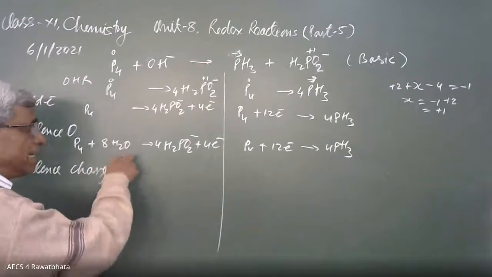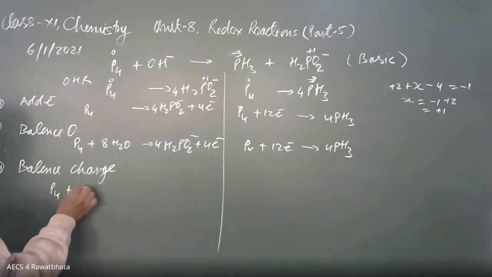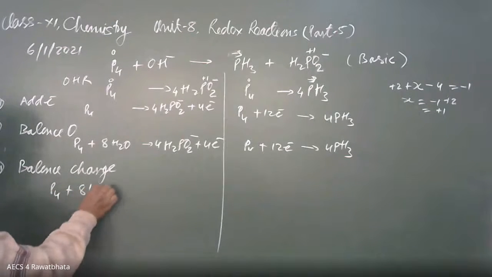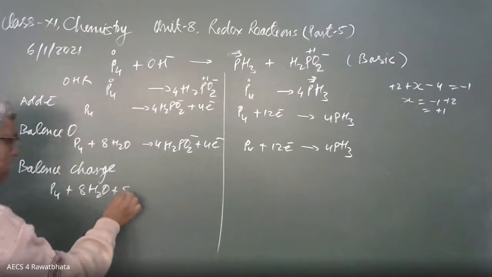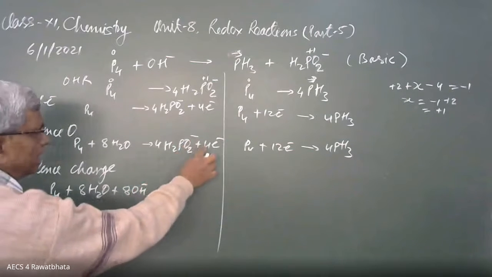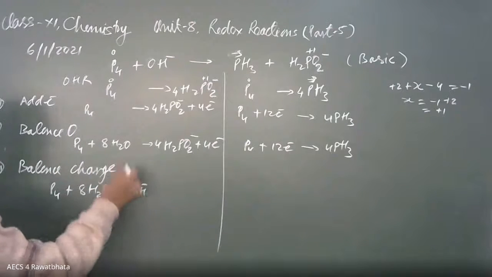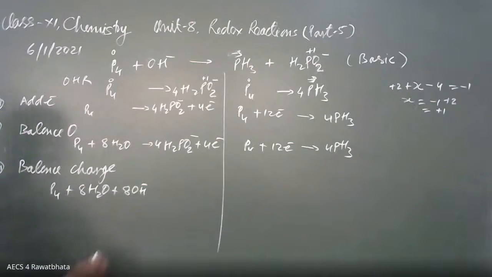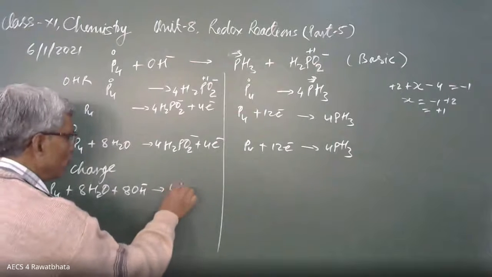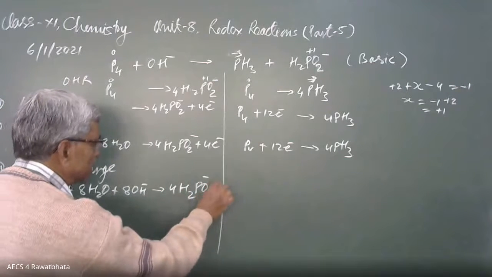We have to add 8 OH minus on the left side to balance the charge. P4 plus 8 H2O plus 8 OH minus gives 4 H2PO2 minus plus 4 electrons.